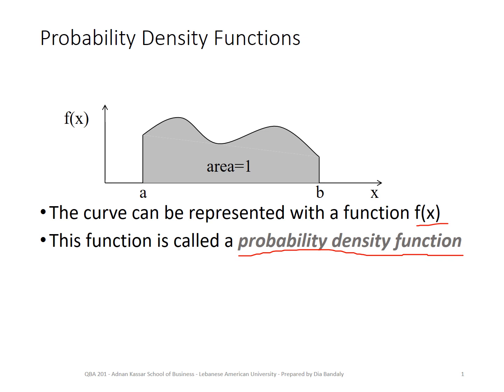So, for example, here I'm illustrating a PDF, a probability density function of the variable that can go between A and B. So that's why you can see that the area under the curve is equal to 1, because if I know that x can take only values between A and B, so that's it.